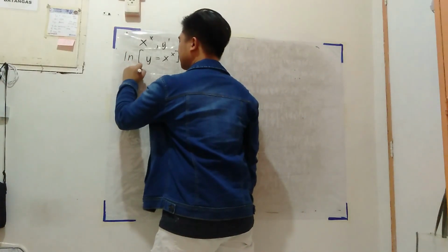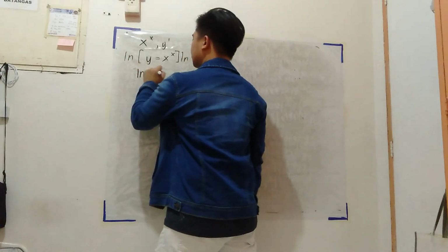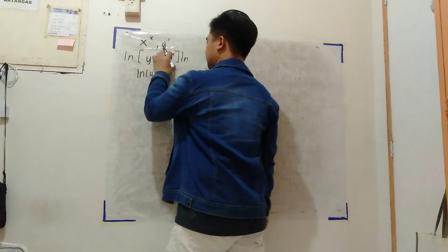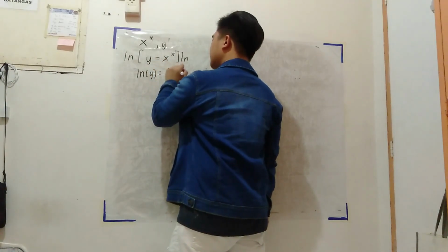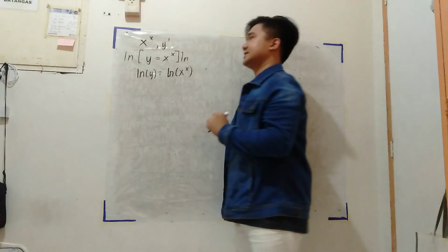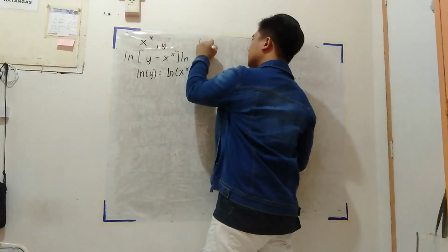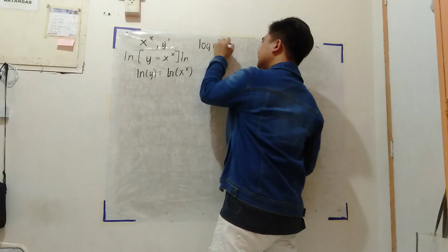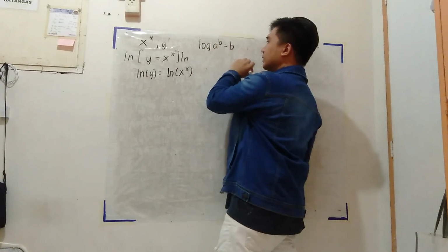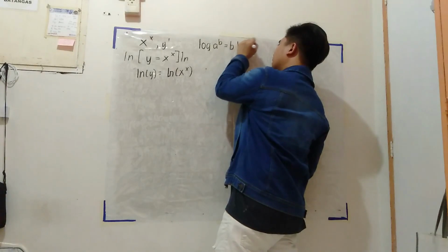So, this will become ln of y equal to ln of x raised to x. And then by properties of logarithm, if you have a logarithm of a raised to b, that will become b log of a.